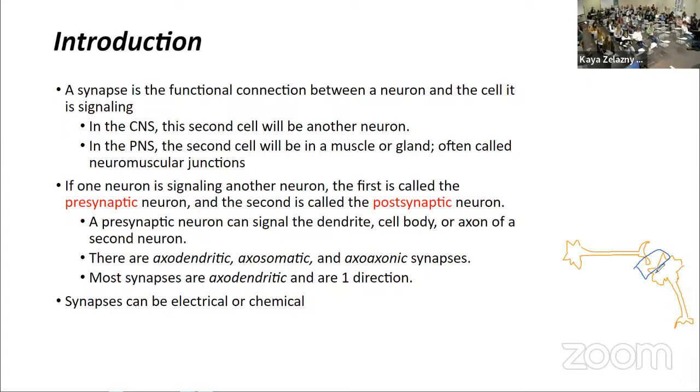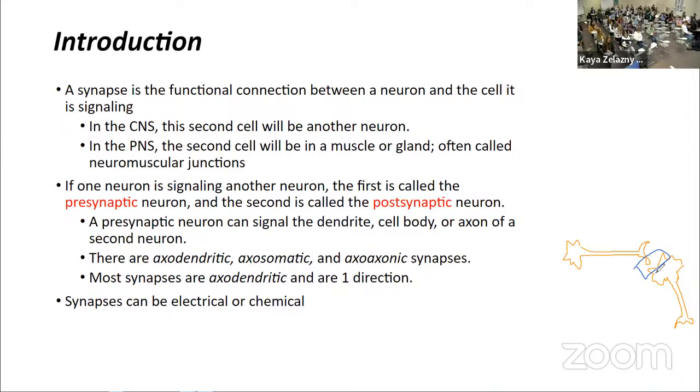In our body, some of our nerves are in your central nervous system, so in your brain and spinal cord. Some of them are in what we call the peripheral nervous system, so out in the periphery of your body, like your limbs, right? Other parts of your body that aren't just in the center. So in the central nervous system, which is where we're focusing first, we're first thinking about what's happening in your brain.